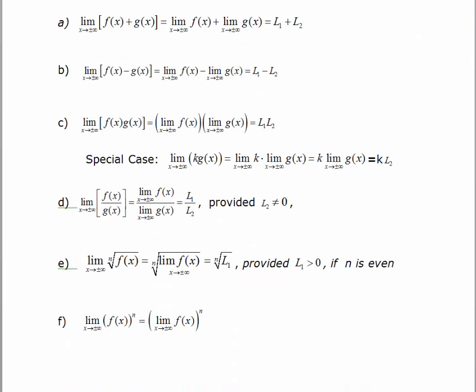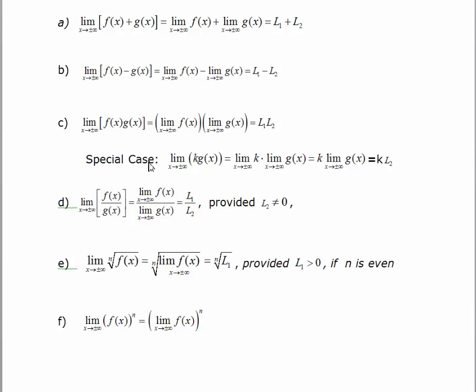But the limit of a sum or the limit of a difference is equal to the sum or difference of those limits. The limit of a product is the product of the limits. The special case of that is the scalar multiple: the limit of a constant times a function. You're able to take that constant outside of the limit and multiply it by the actual limit value.